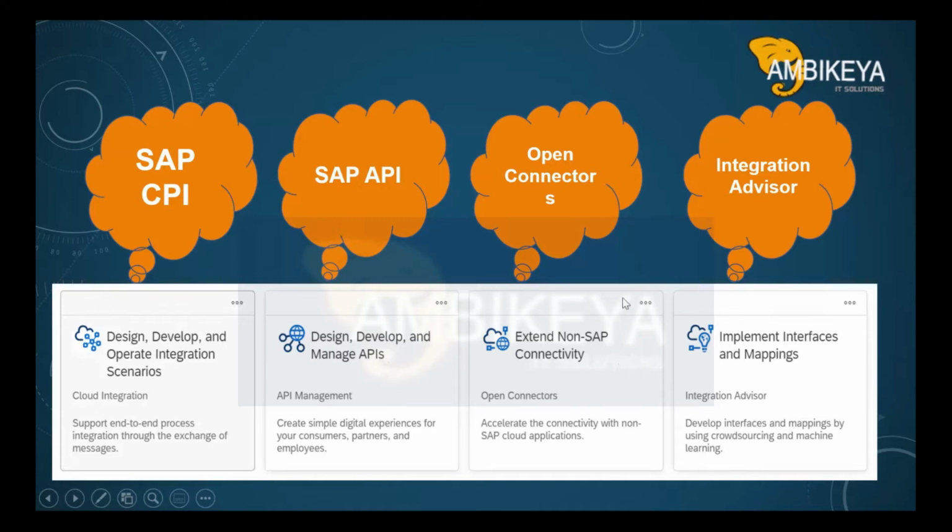Then there is extend non-SAP connectivity. If you want to connect with non-SAP applications, there are open connectors. Then you have the integration advisor, which comes under implementation interface and mappings.